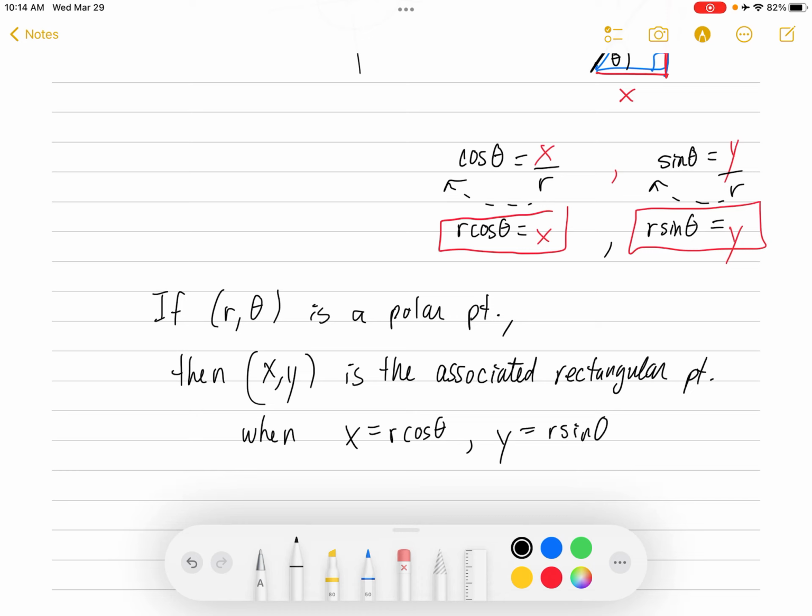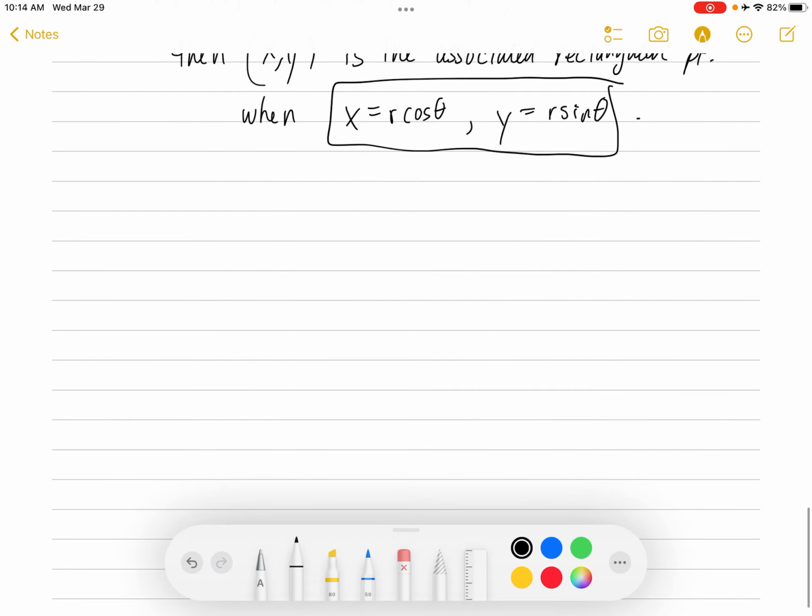I can spell that, cosine of theta. And y equals r sine of theta. So these are the two formulas you need to remember for converting from polar to rectangular. So x equals r cosine of theta, y equals r sine of theta.